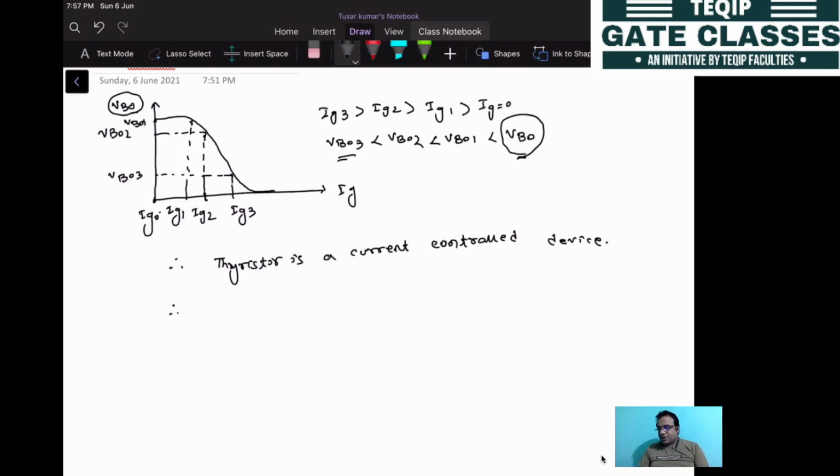So you are supposed to apply a gate signal till the current reaches the latching current, or a little bit more than that, so that you can remove the gate signal, because the gate will not have any control over that. Once the current reaches the latching current, after that the current will be controlled by the load itself.